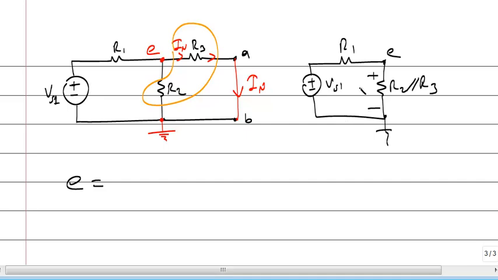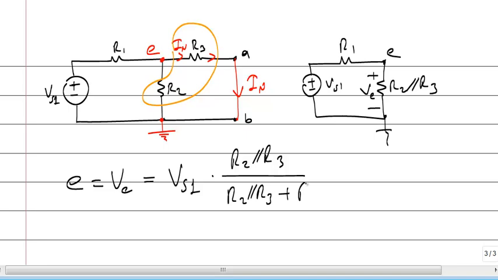Okay, voltage VE, let me say, which is equal to one voltage source. Voltage is divided on two resistors. Total voltage times the resistance divided by summation plus R1. That's E.